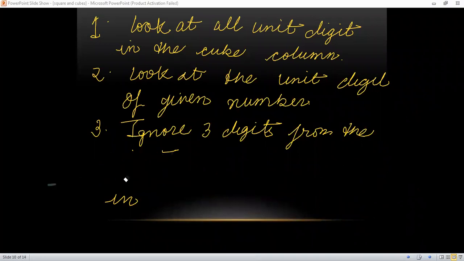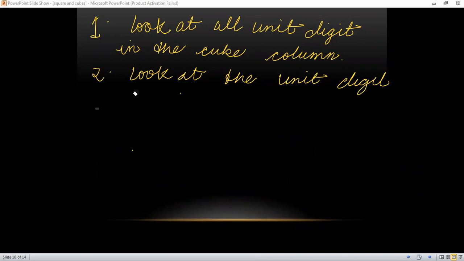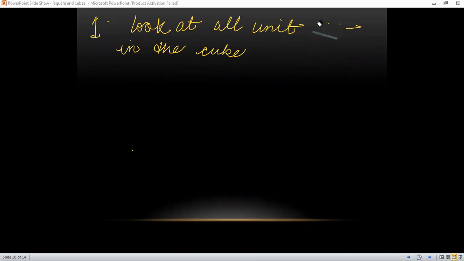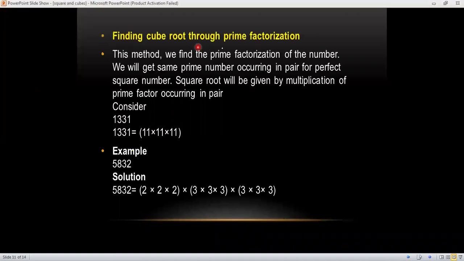And when you are going to find the cube root of a small number, at that time you use the prime factorization method. Finding cube root through prime factorization: in this method, we find the prime factorization of the number.